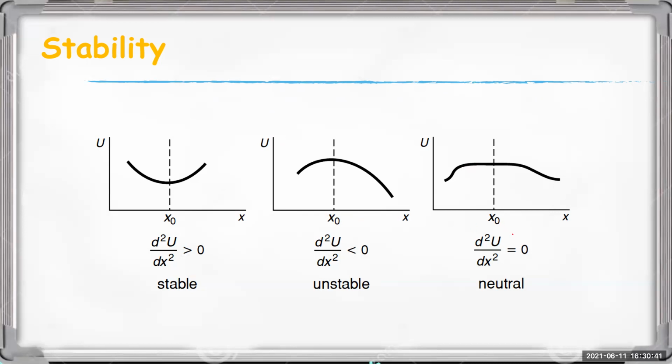Here at this point du by dx is equal to 0, and at this point also du by dx is equal to 0, and up to this point du by dx is equal to 0. Here, all the nearby points are stable. Then it is a neutral equilibrium.